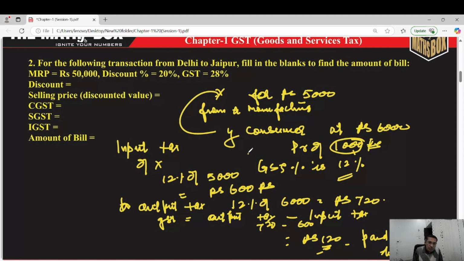Now, a few points you should remember. The end user is the one who pays everything, the tax for the entire value chain. GST can be charged by those businesses who are registered with the GST authority. They have a GSTIN number, as you might be seeing on the shops.